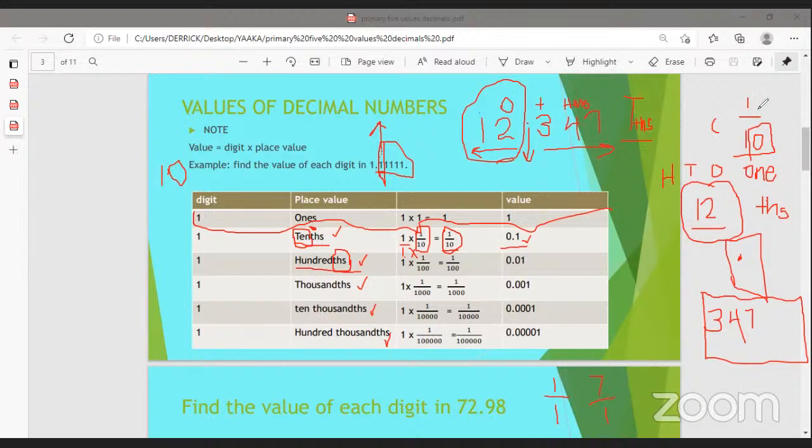But remember, any digit without a decimal point, we may not put the decimal point there, but it has its decimal point immediately after that digit. So when you find a whole number, that is 71, yes?